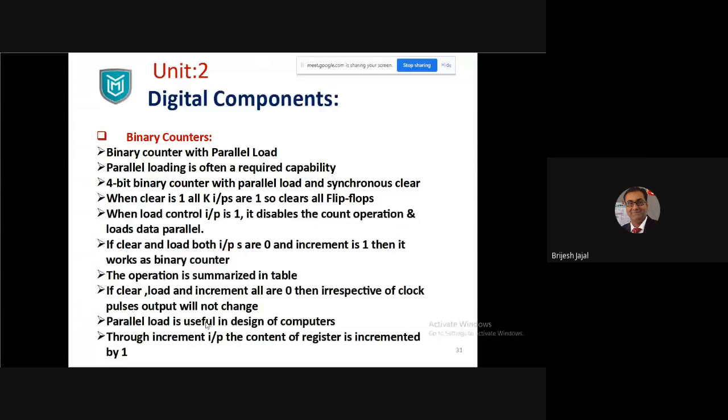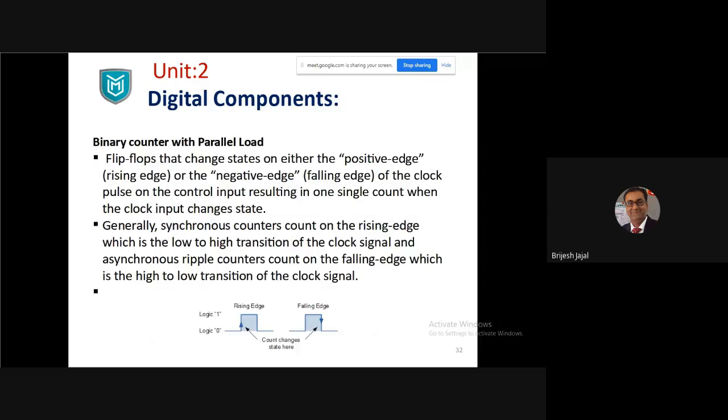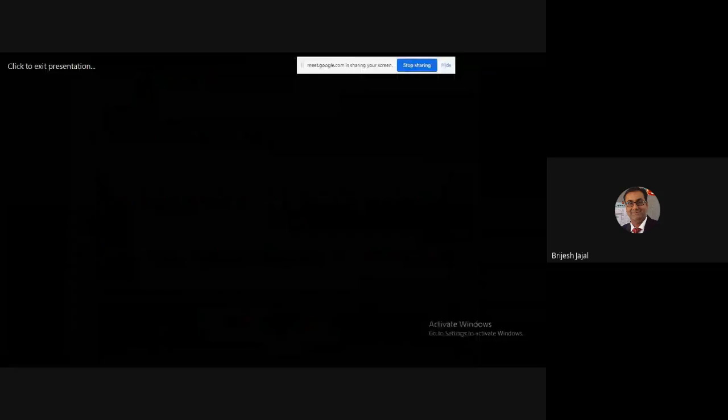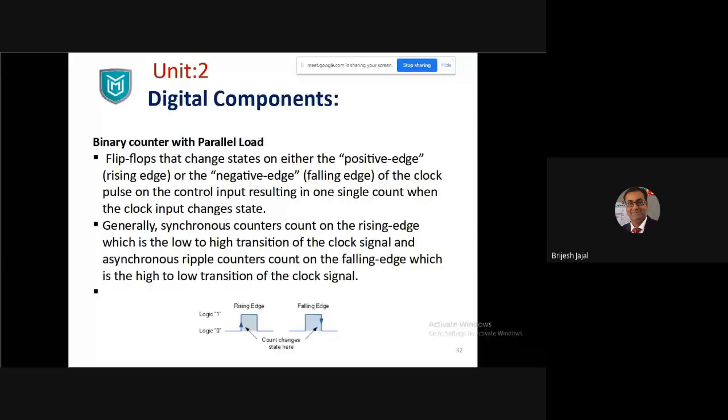Okay. Now coming to this synchronization work. There is a binary counter with parallel load also. What do we mean by parallel load? See this example. The flip-flop can change its state by using either positive edge trigger or negative. Did I explain before what is positive and negative edge? Yes, sir.